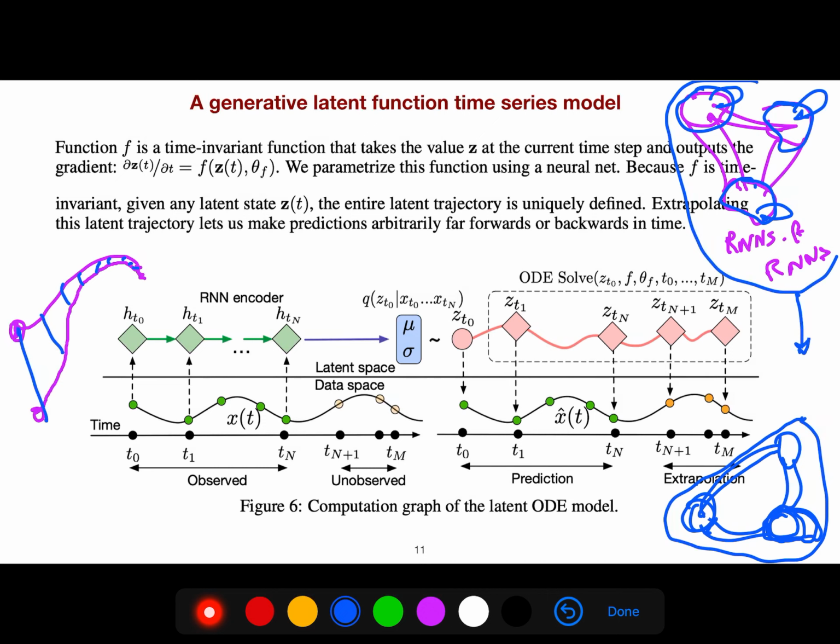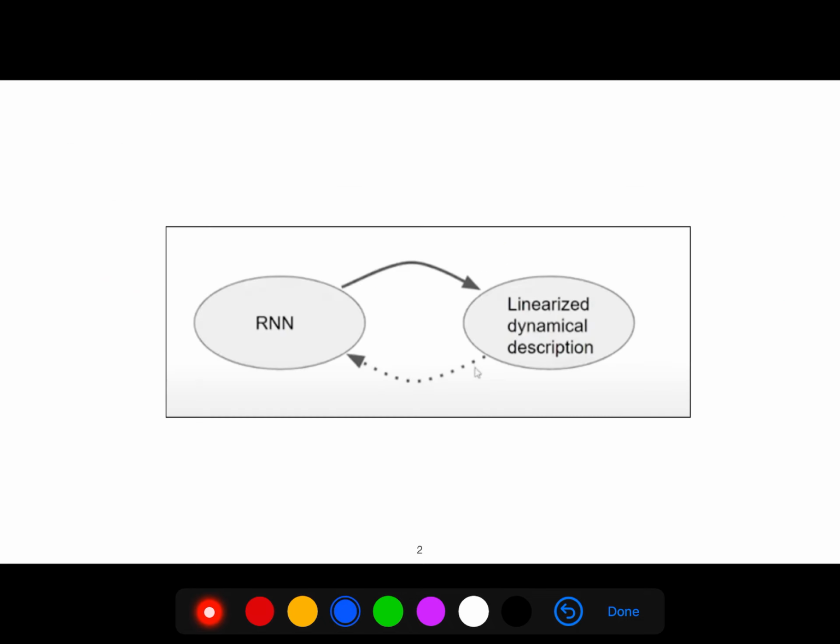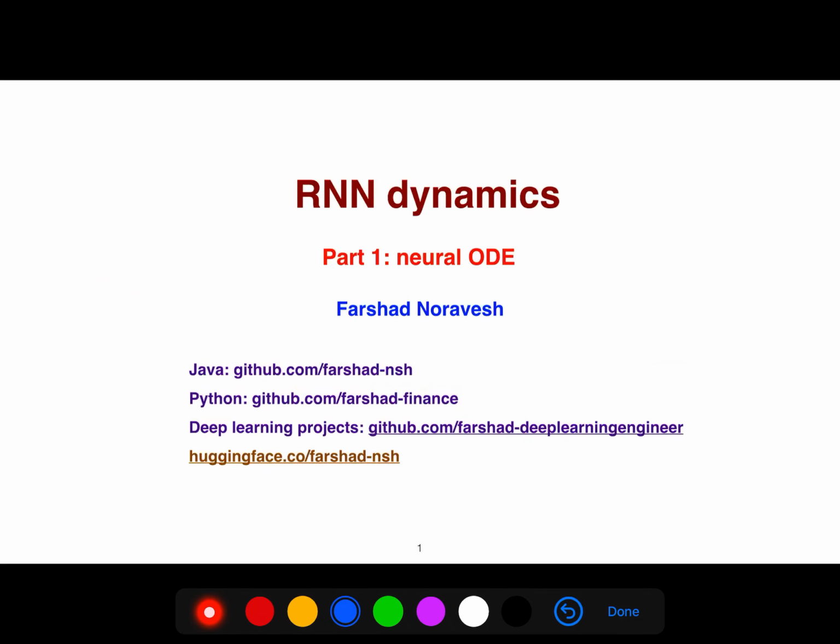So this playlist that I'm talking about, this RNN dynamics, is very rich. It has a very rich literature, but very few people are still aware of the importance of these ideas, of using the ideas of dynamical systems for natural language processing or for any machine learning task.